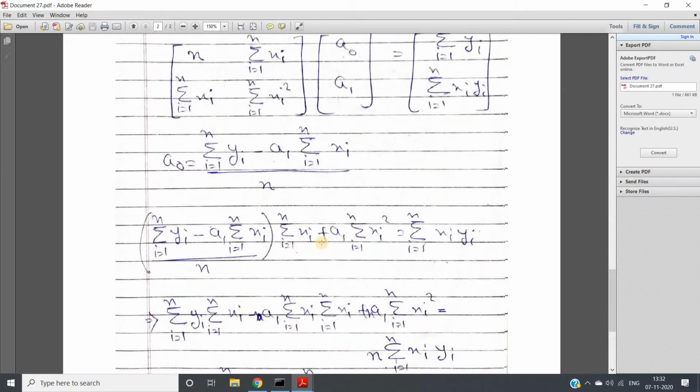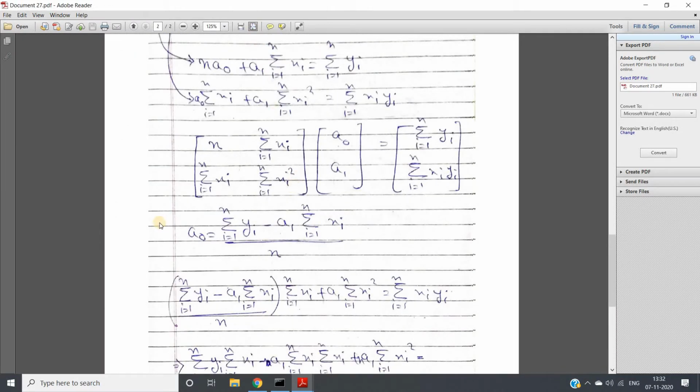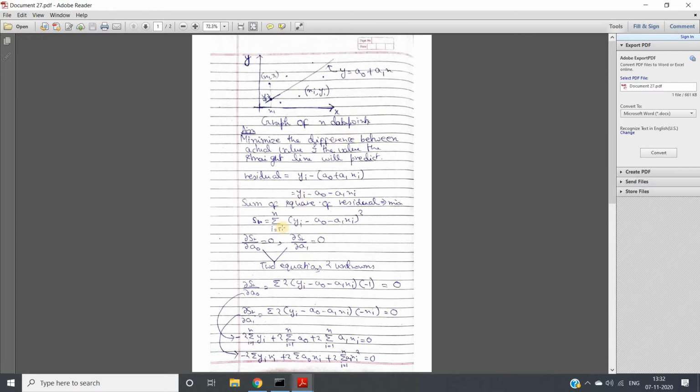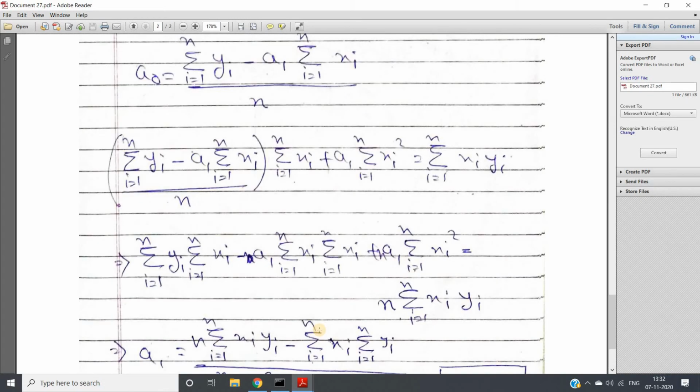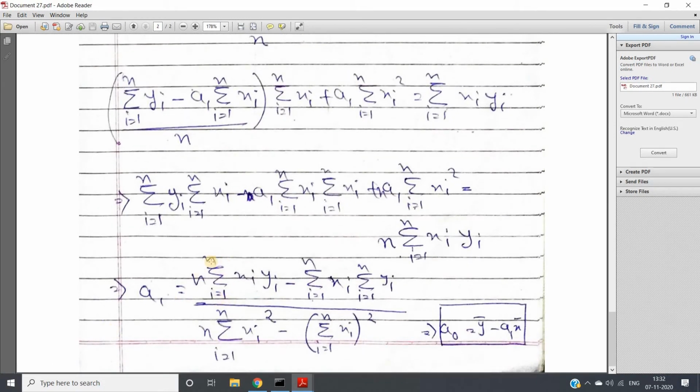So if you recall our actual mathematical derivation of linear regression, this is what I discussed. We started with this particular minimization, where the sum of squares of residuals has to be minimized, and based on that, if my linear regression equation is y equal to a naught plus a1x, we came up with the a1 and a naught formulas as this: a1 equal to n summation over i equal to 1 to n of xi yi minus summation over i equal to 1 to n of xi times summation over i equal to 1 to n of yi, divided by n summation over i equal to 1 to n of xi square minus the whole square of summation over i equal to 1 to n of xi.